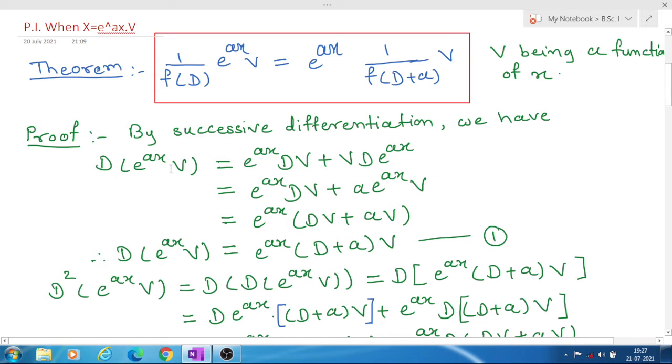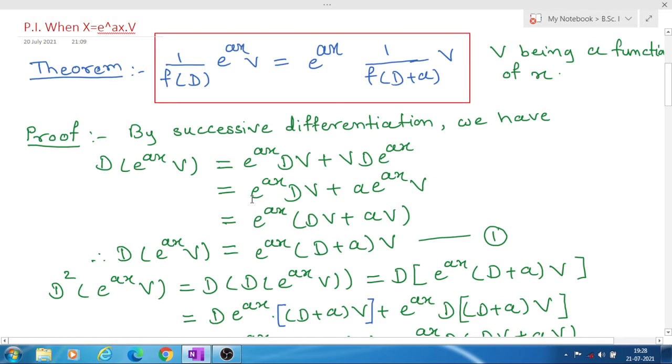Now here this is a product of two functions, so we use the product formula. Therefore the derivative of e raised to ax into v is equal to e raised to ax into the derivative of v plus v into the derivative of e raised to ax.